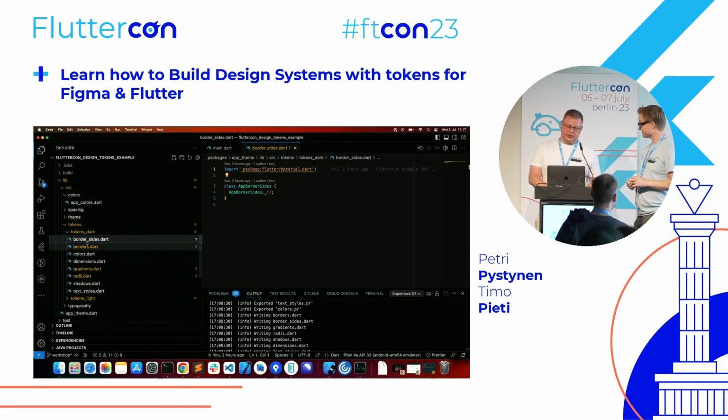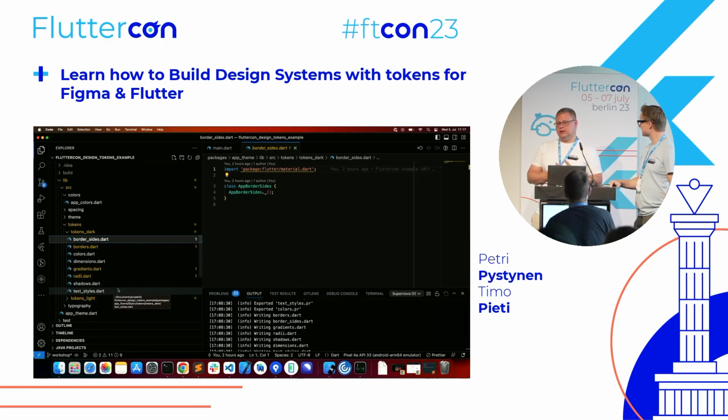At least with Supernova, there are only these values that they are supporting at the moment: border size, borders, colors, dimension, gradients, shadows, and text styles. You can tokenize almost anything, but the different thing is how you export them to the Flutter side.